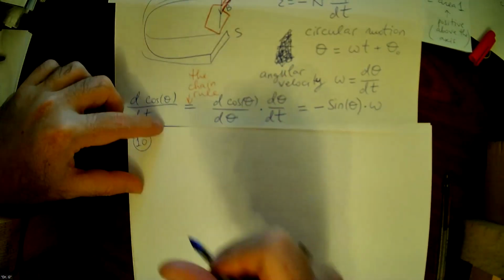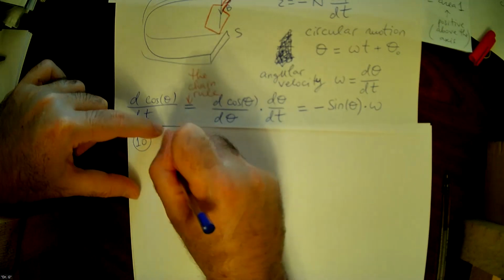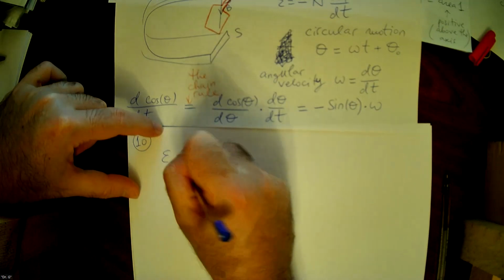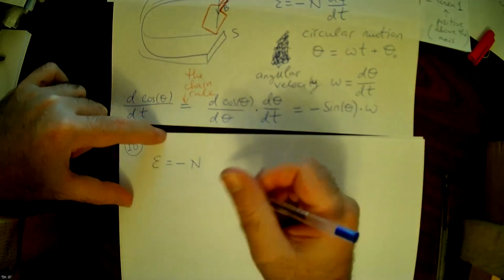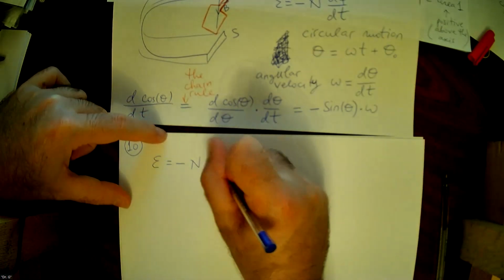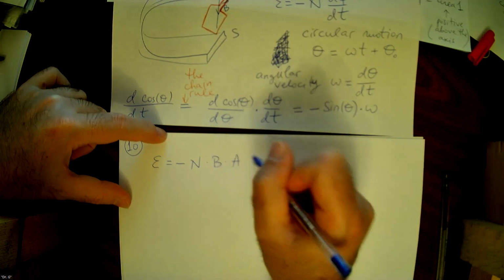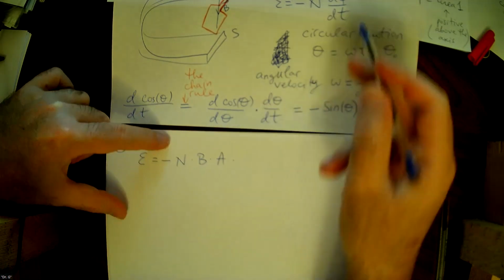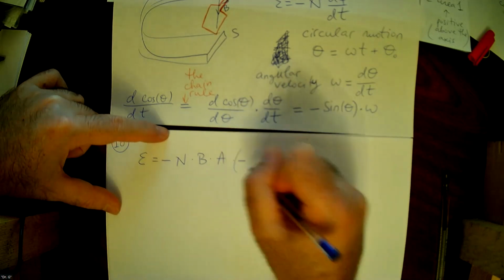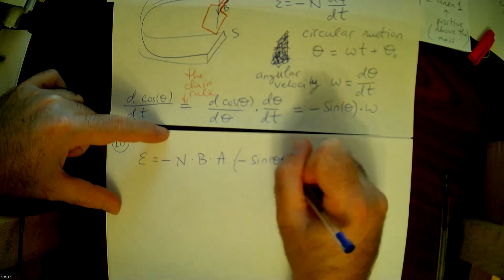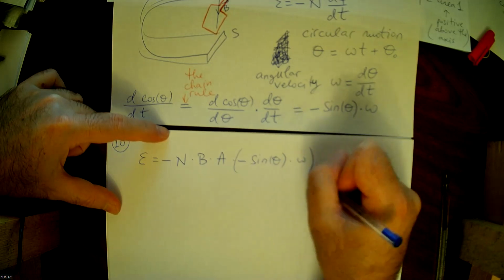So one more time. The EMF is negative N. I take the derivative. B is constant, A is constant. The derivative of the cosine is negative sine of theta times omega, okay?